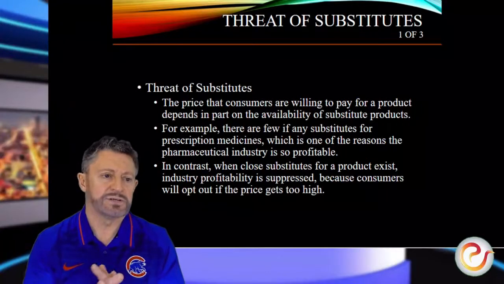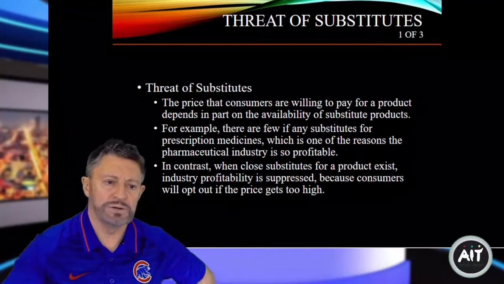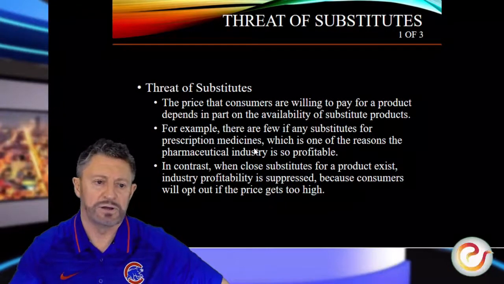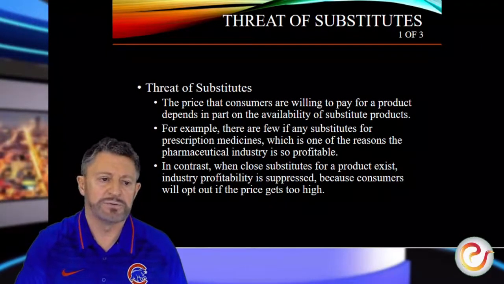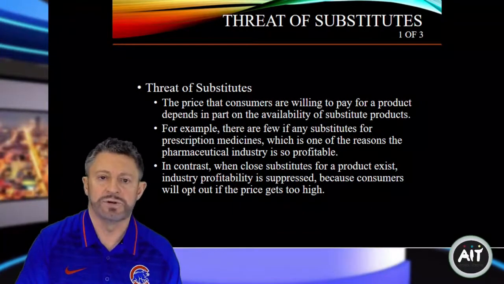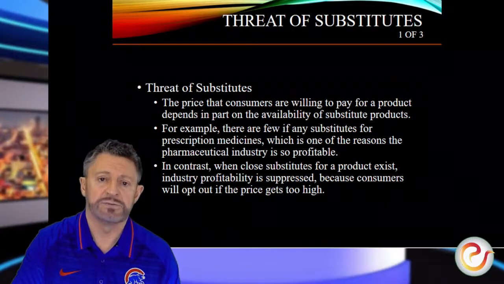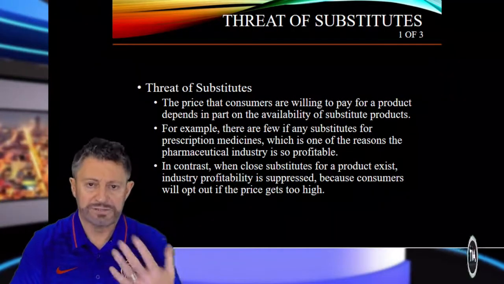It's an interesting concept. So, in contrast, when close substitutes for a product exist, industry profitability is suppressed because consumers will opt out if the price gets too high. So when you have choice, when the consumer, the buyer, has choice, profitability goes down, and that's the whole idea of it.